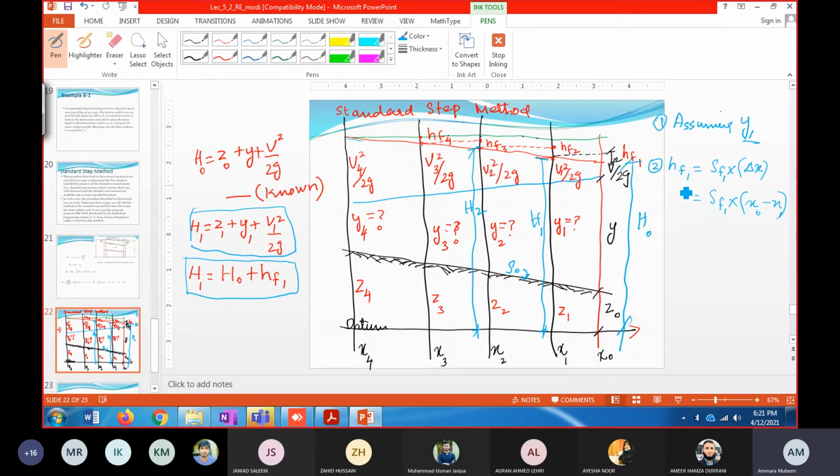So after calculating HF1, you will add HF1 to H0. H0 would be known to you, it is a constant value. Then you would have a value of H1. Third step is to find H1 using the equations.